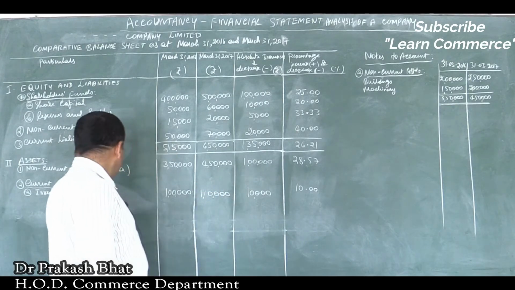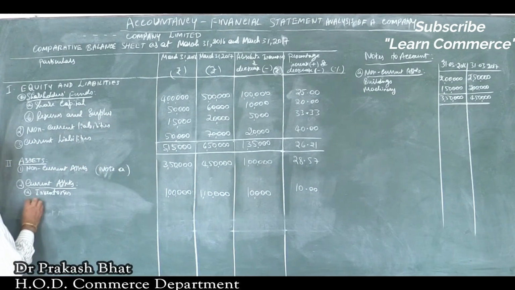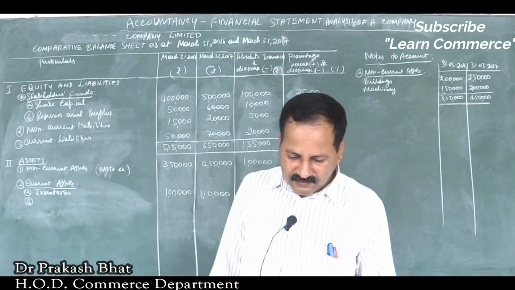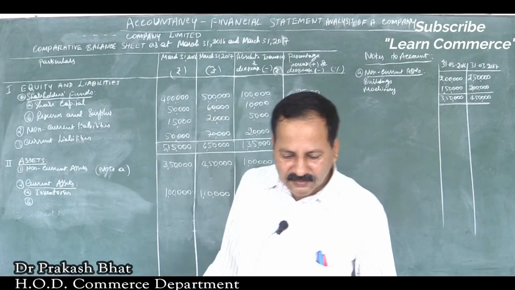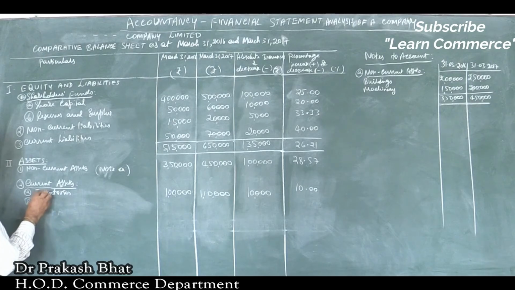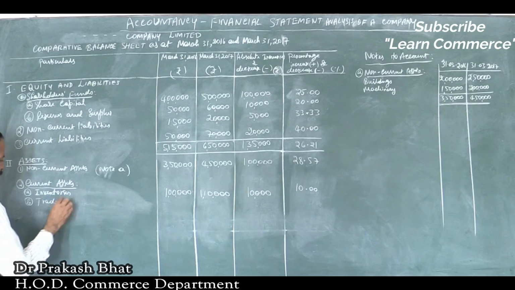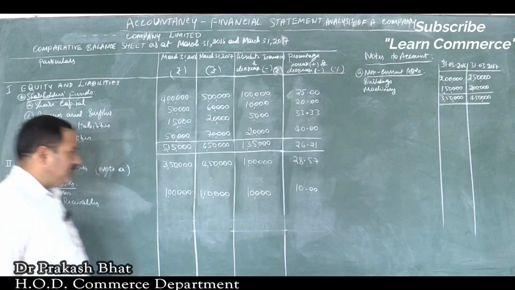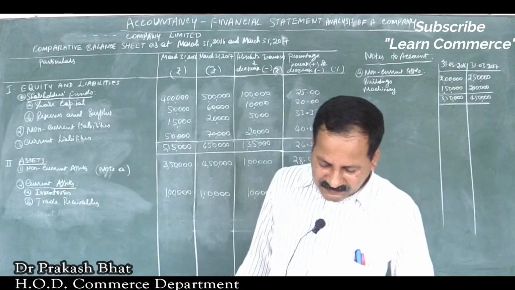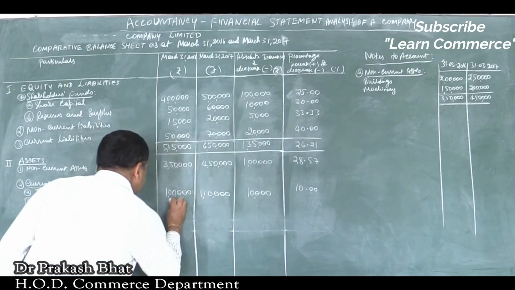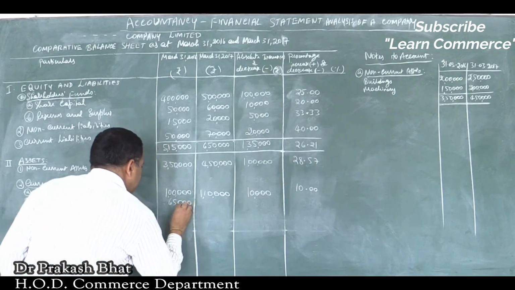Very simple. Then one more is there, that is trade receivables. It should be shown as a separate item, right? Trade receivables are 65,000 and 90,000.